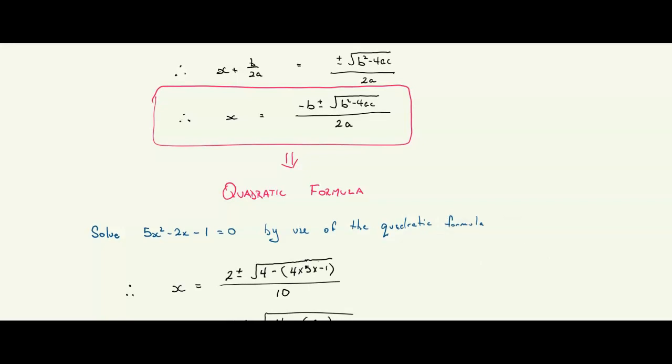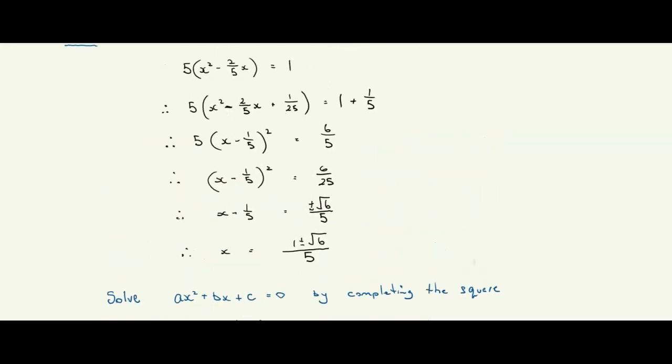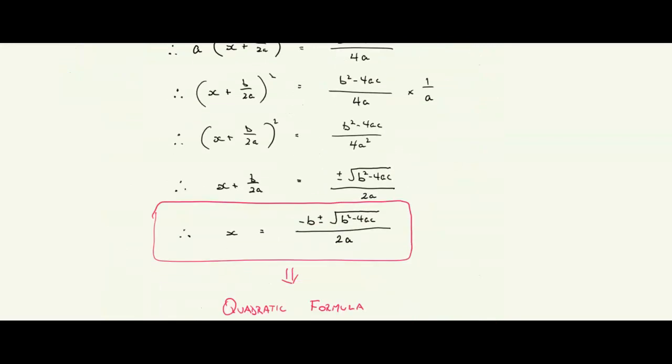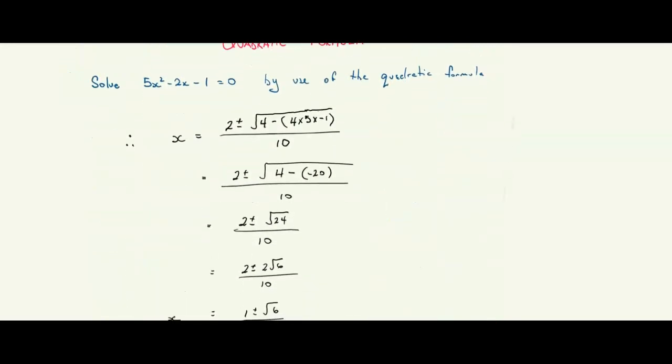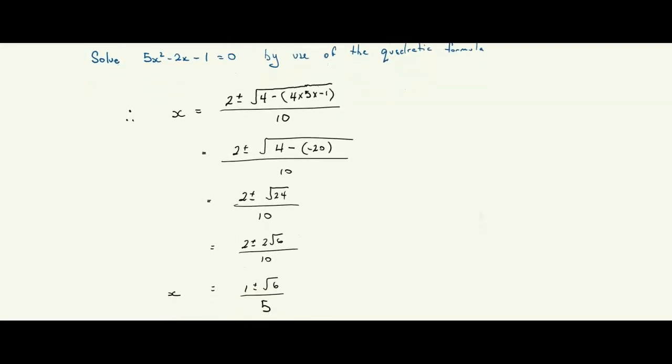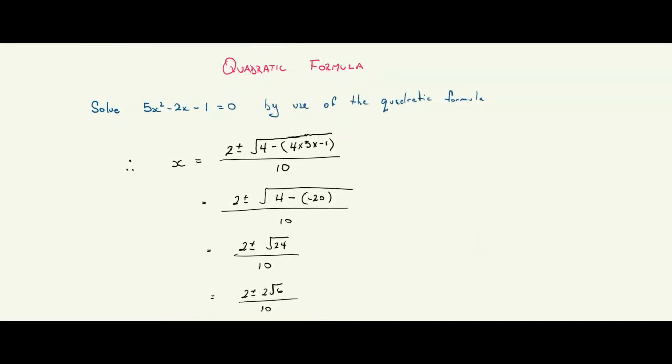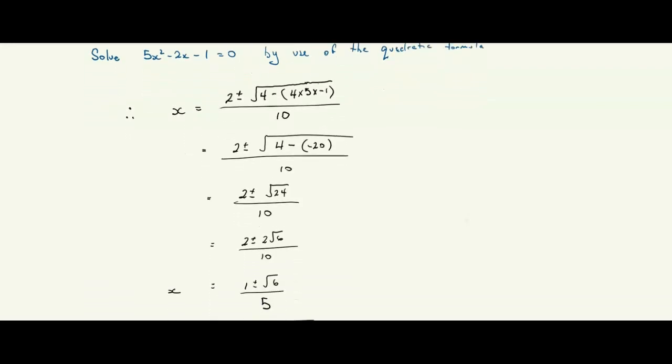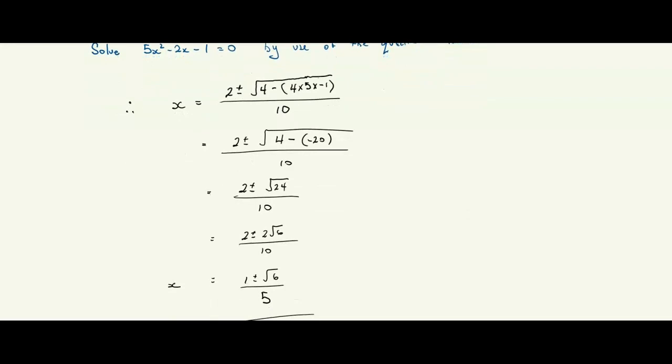If you'd rather complete the square and you think your accuracy rate is going to be as high or higher than using the quadratic formula, I would argue that, in my experience, the quadratic formula is going to deliver the solution to you more accurately and more often, so I would use it. I would use the quad formula when you can't factorize, unless you're told to solve by completing the square.